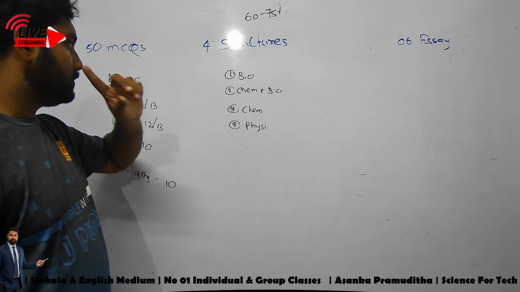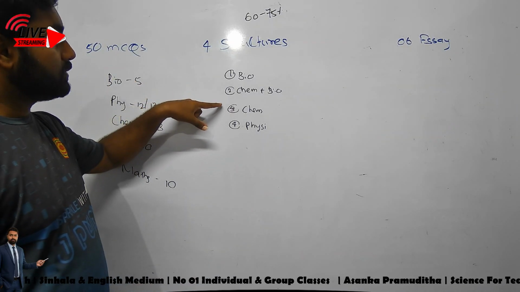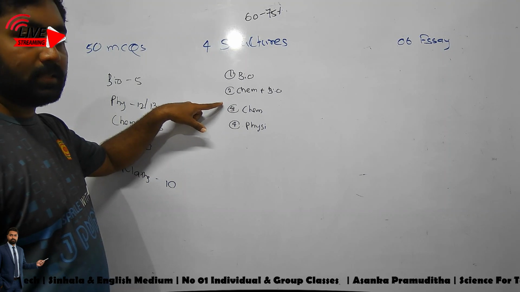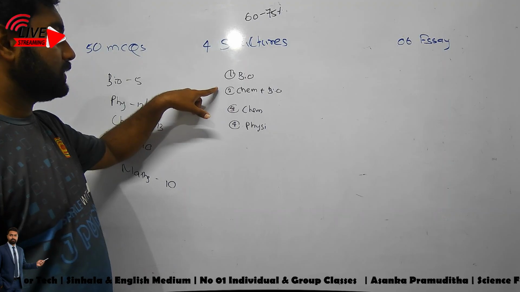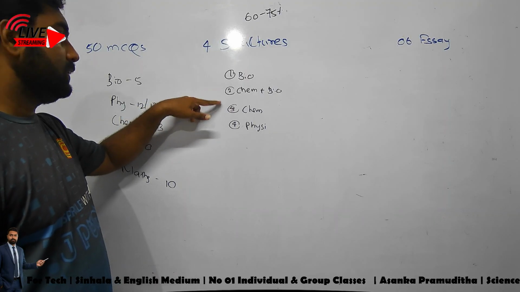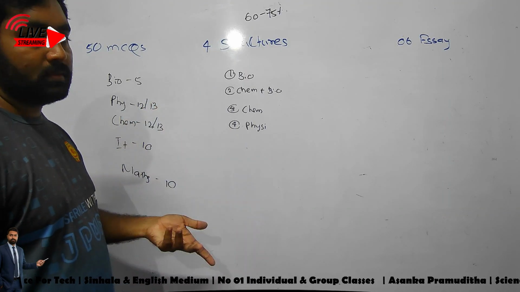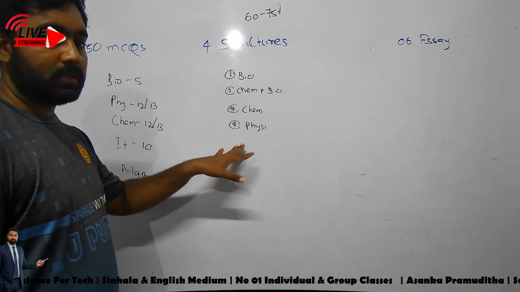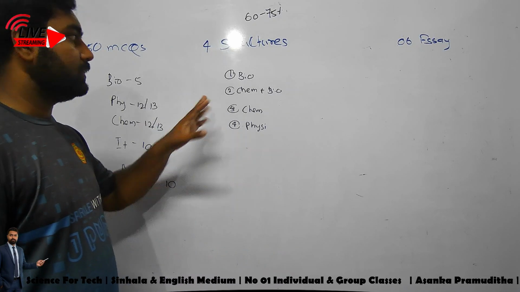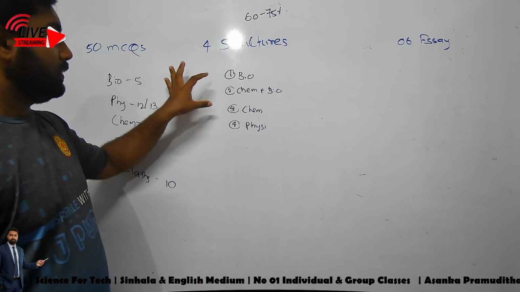The third question can be physics and chemistry based. I have written the second one as chemistry and bio. However, the fourth one is usually physics. That didn't change, and the first one is bio.